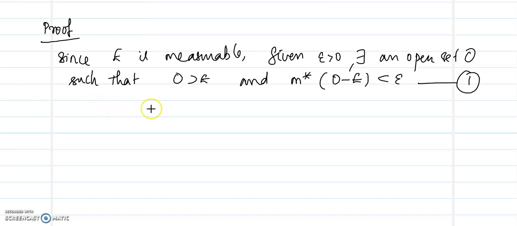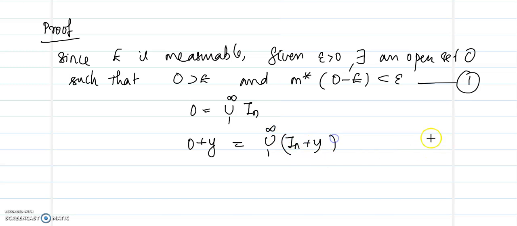Now നമ്മൾ O open set ആണെങ്കിൽ O can be expressed as a union of open intervals. So O will be equal to union 1 to infinity In. അങ്ങനെയാണെങ്കിൽ O plus y will be equal to union 1 to infinity In plus y. അപ്പോൾ നമുക്ക് റിയൽ ഒരു ഓപ്പൺ ഇന്റർവൽ ഉണ്ടെങ്കിൽ, if you translate it, the interval remains open.